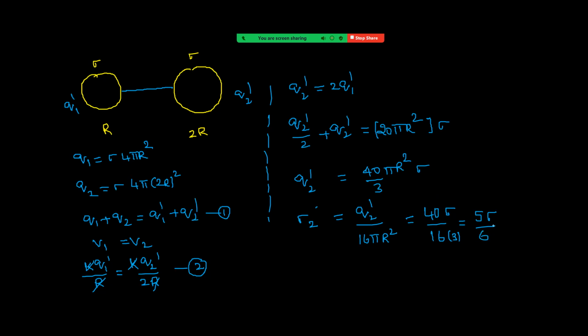It is now 5 sigma by 6. That is the surface charge density of the bigger one after having the same potentials. In the same way, we can calculate for the smaller one also, that is Q1 dash upon 4 pi r square.